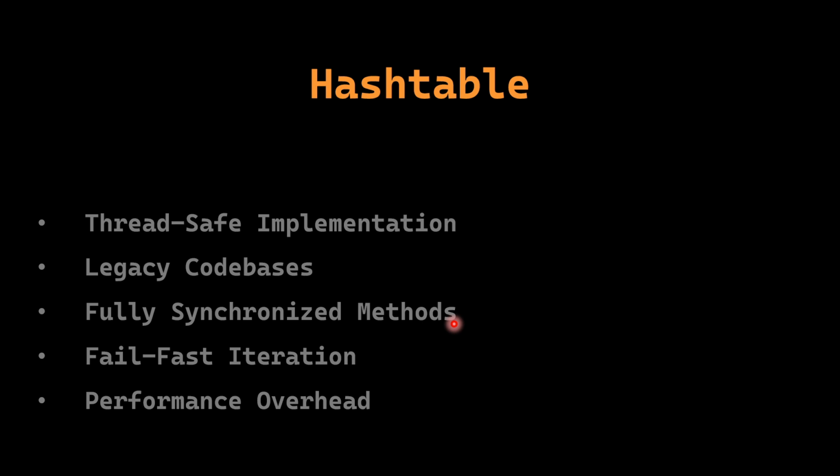Every get, put, contains, and remove operation must wait for the lock, leading to high contention when multiple threads access the map simultaneously. Here is how you can use Hashtable in practice.